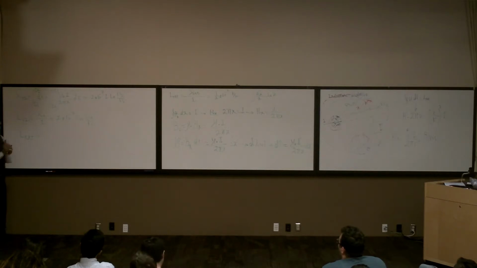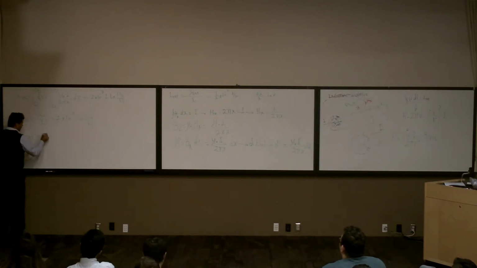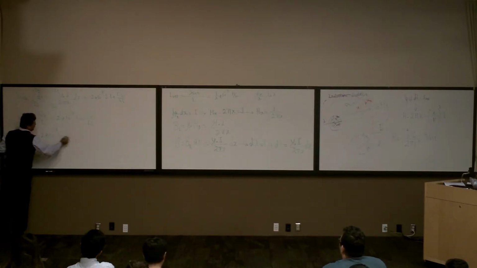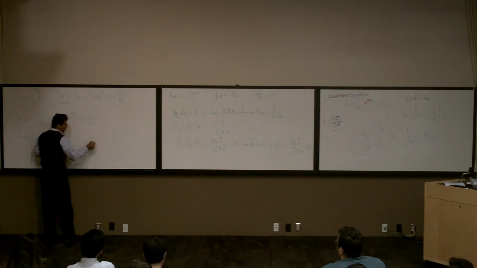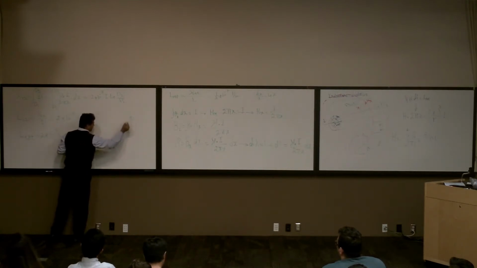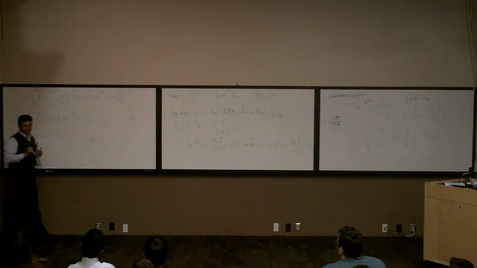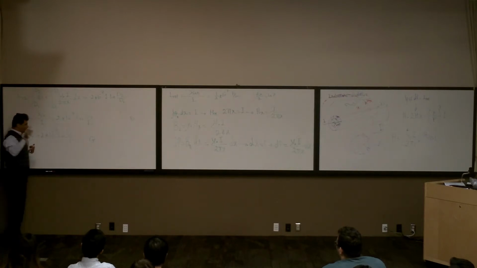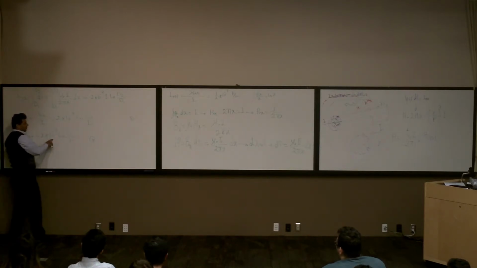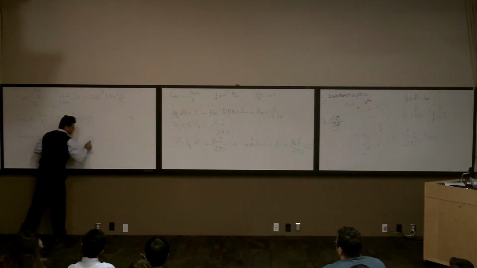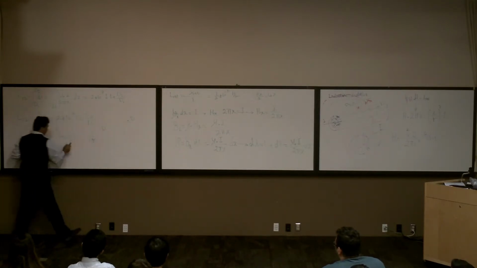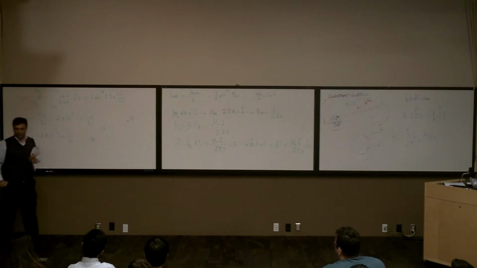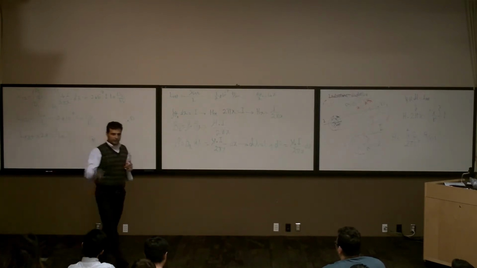I call the other one D. So I have my conductor here, the radius is R, and I have a point here at D. The L external is going to be 2 times 10 to the power of minus 7 ln of D over R, where D is this distance. This is my external inductance.